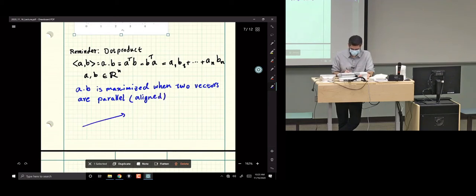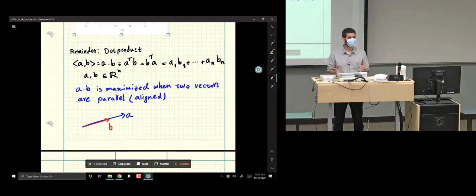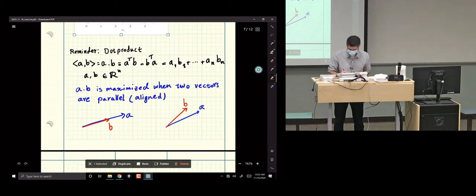So if I have A, then I have B, then A dot B is maximized. However, if there is an angle between two vectors, if I have, again, A, and then if B is like this, let's call this case 1, this is case 2.